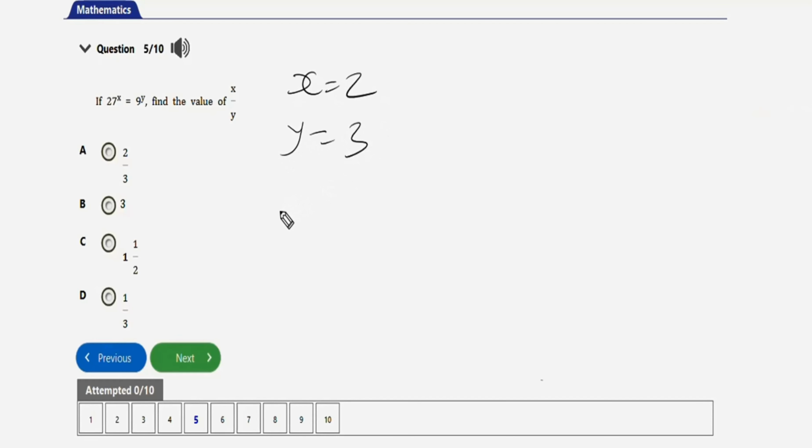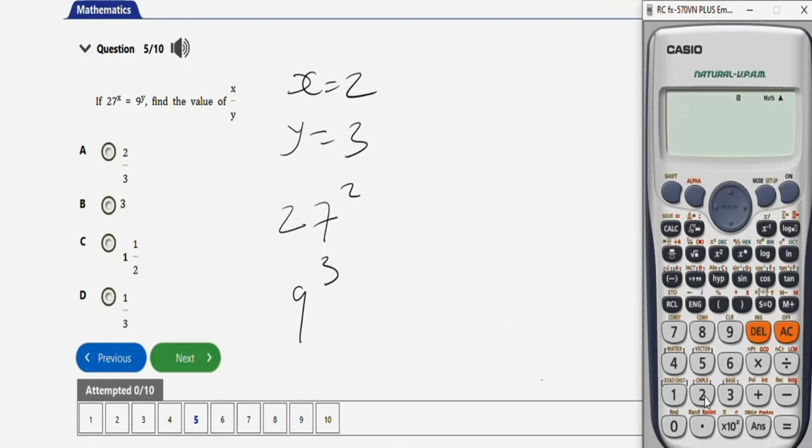So let's check 27 square and 9 cube. Let's punch each of them on the calculator and see whether we're going to have the same output. So let's do a calculator. Let's check 27 square, we have it to be what? 729. Alright, let's check 9 cube, whether we're going to have 729.